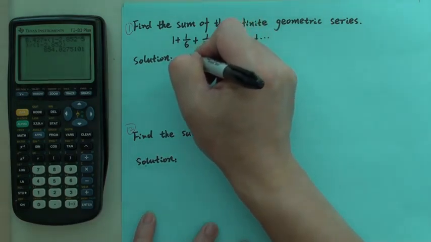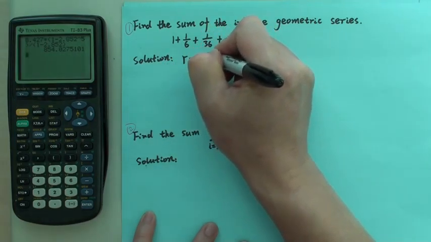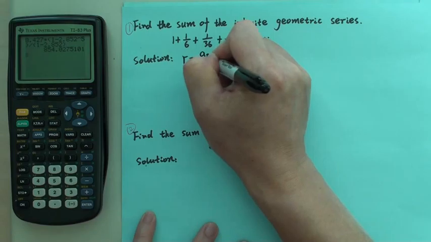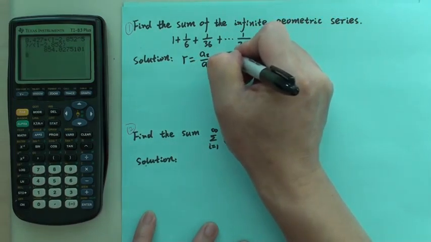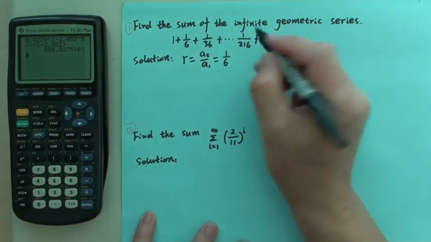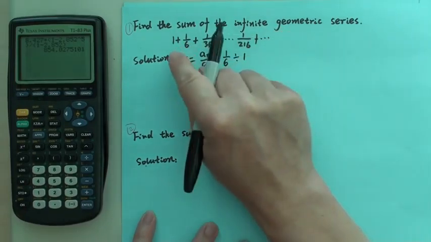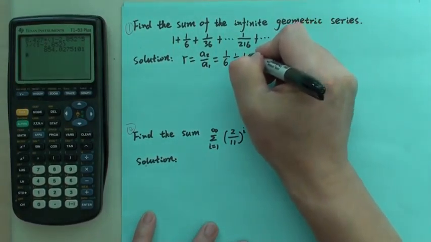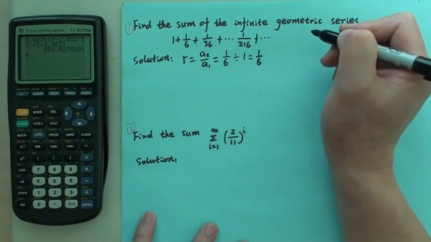First of all, the ratio is easy to find as A2 over A1. A2 is 1 over 6, divided by 1. That's actually 1 over 6.